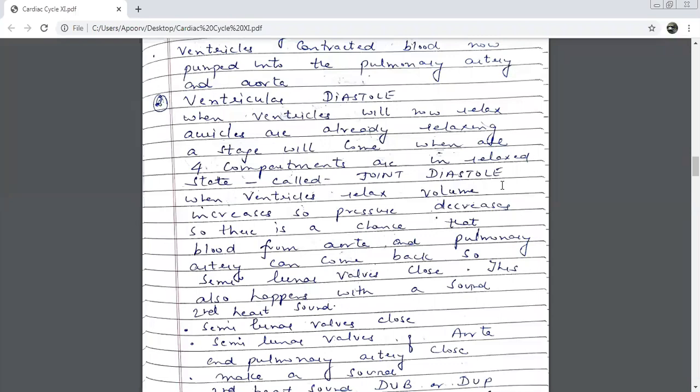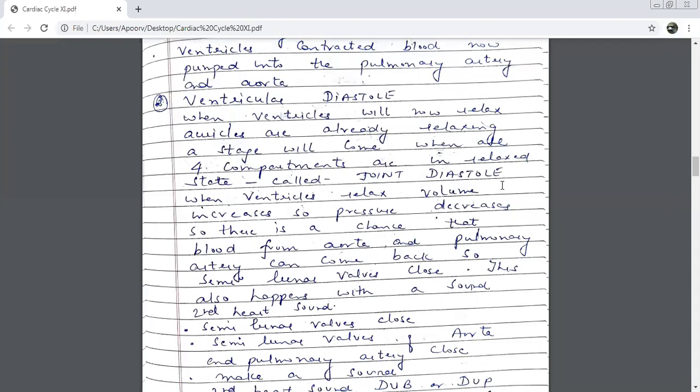Pressure will decrease. And I just told you that the blood from the ventricles goes into the two main arteries. Name the two arteries. Pulmonary artery and aorta. And it is going from where? It is going from the ventricles or from the auricles? From ventricles.